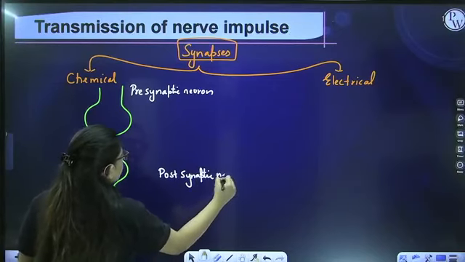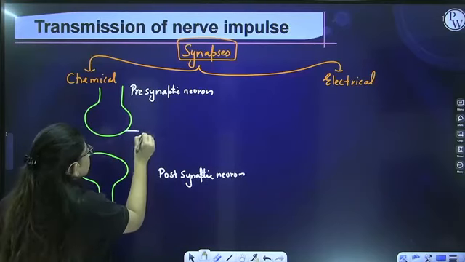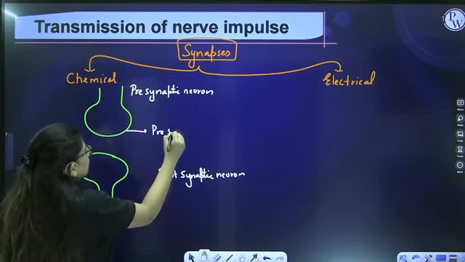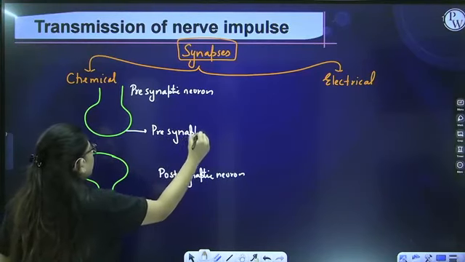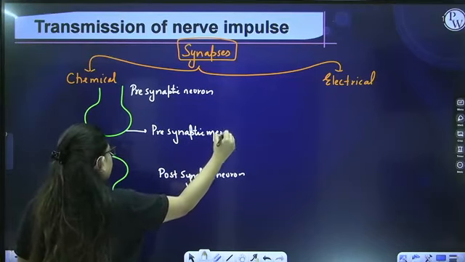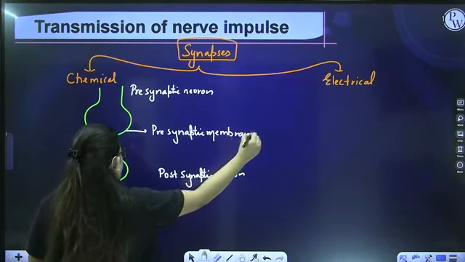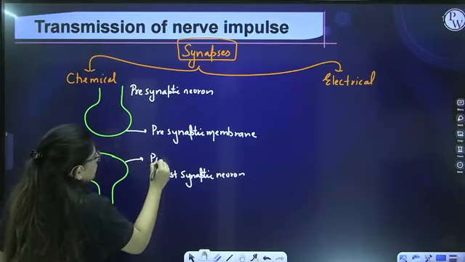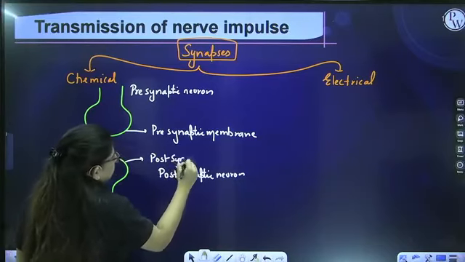Similarly, this membrane will be known as the presynaptic membrane, and this will be known as the postsynaptic membrane.